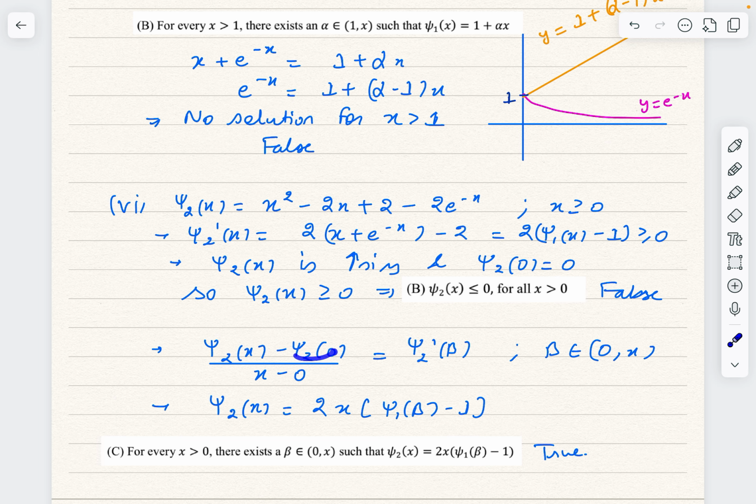And phi 2 0 is 0, this x goes this side, and for phi 2 dash beta, we discussed phi 2 dash x was 2 times (phi 1x minus 1). So 2 times (phi 1 beta minus 1) into x here, that means phi 2x is equal to 2x times (phi 1 beta minus 1). So this will be true.